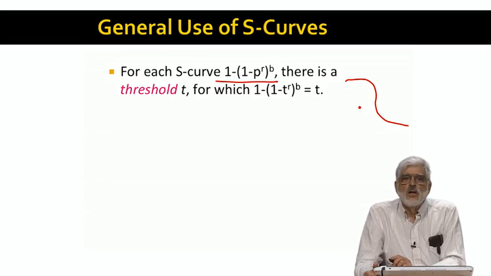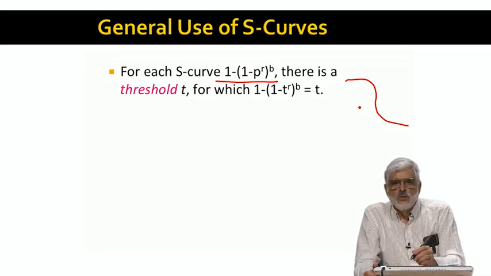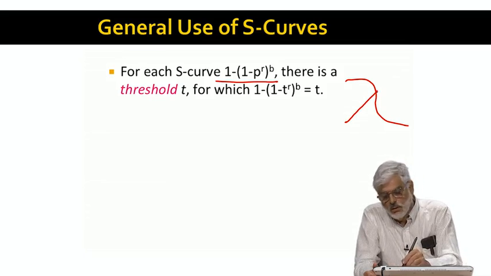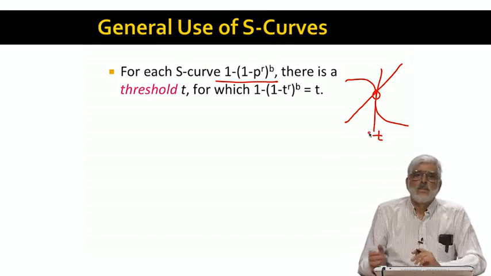To see that t exists, look at where the curve intersects the line with slope 1. So that would be the value of t.